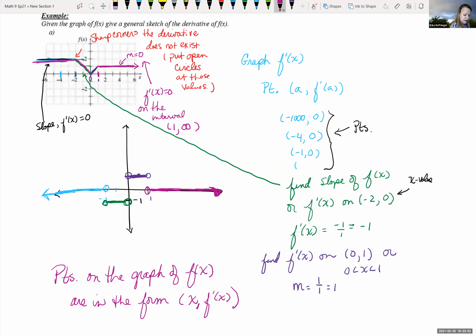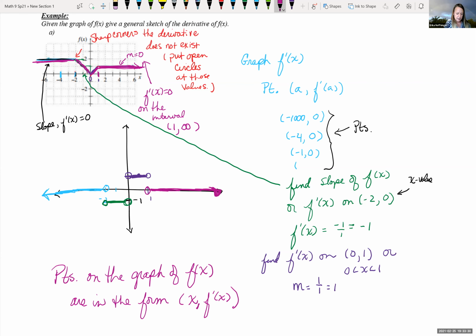So in this case, I'd have one equation for the horizontal line, one equation from -2 to 0, that line, one equation from 0 to 1, and then one equation from 1 to infinity. And again, this example we just did was a little simpler because all these pieces were equations of lines, and there was no curve to them. The slope was always constant.